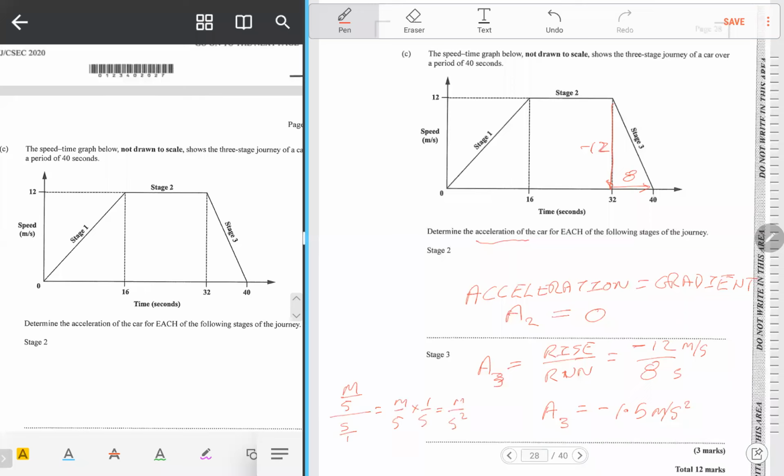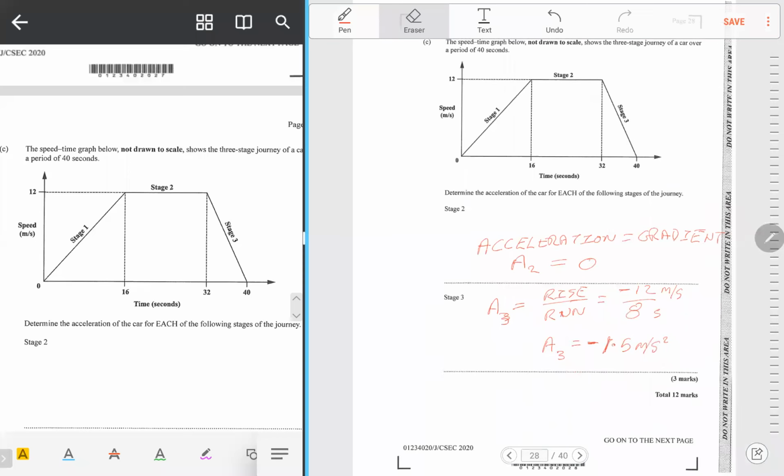All right, so that's the reason why it's meters per second squared. But if you just know, then that's it. So anyway, you have to put a negative on it. If they ask for the deceleration or the retardation in stage 3, don't put the negative, because deceleration already means negative acceleration. Everything is important. Pay attention to everything. So those are the answers for that part. Acceleration in stage 3, we call it A3.